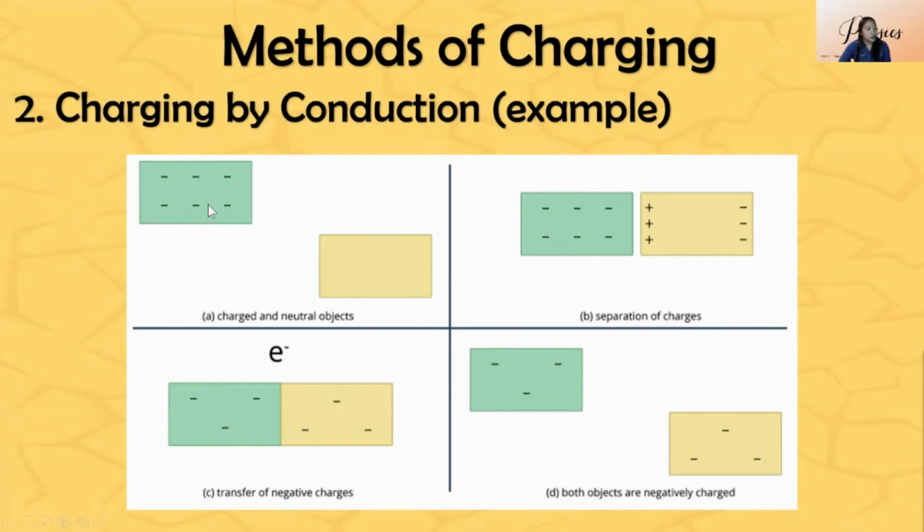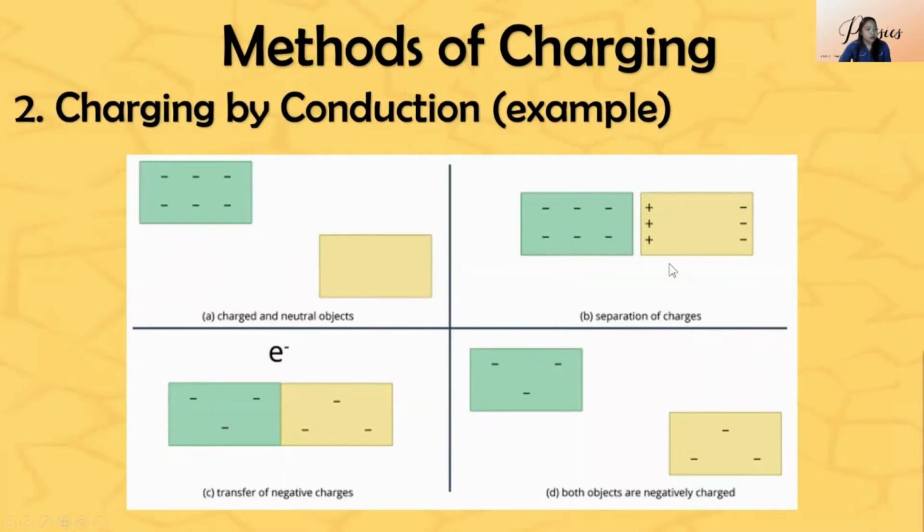Now, when we place this electrically charged material near the neutral material, there is what we call separation of charges. Since the other one is negatively charged, the neutral material will have separation of charges.